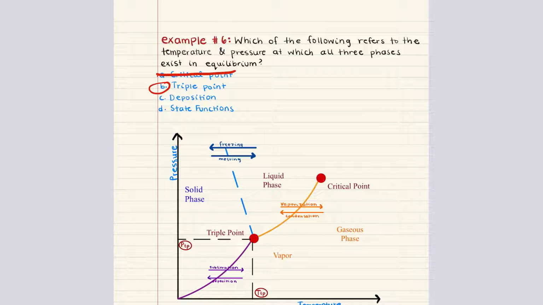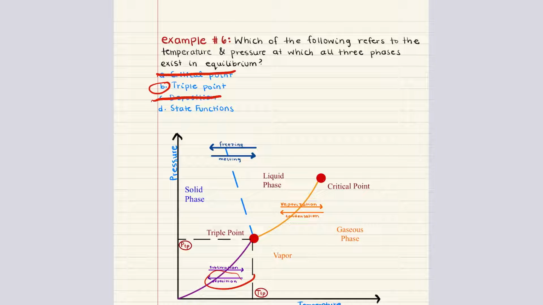But we're still going to go over C and D. C says deposition. Deposition is the phase transition in which gas transforms directly into a solid without passing through the liquid phase. Again, not what the problem is asking. And D is state functions.